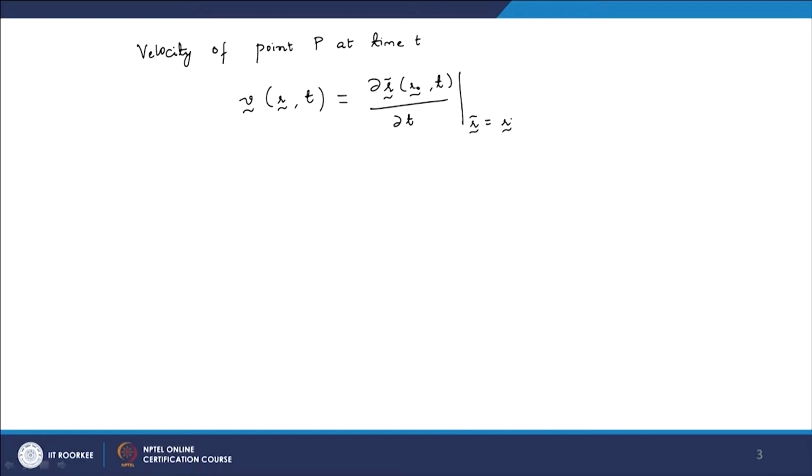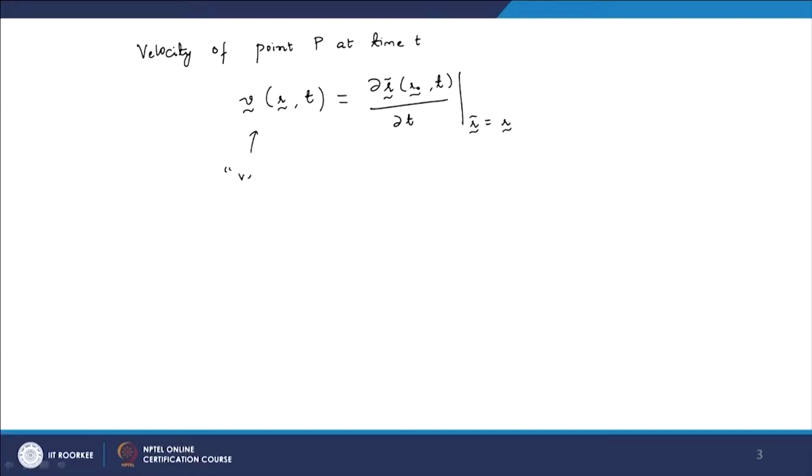Okay. So, at a particular value of r, I can find the velocity by simply taking a derivative with respect to time. This is also called, by the way, the velocity field.